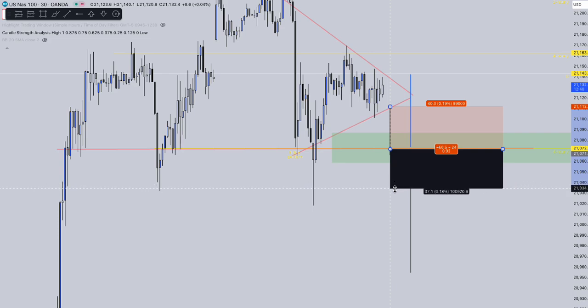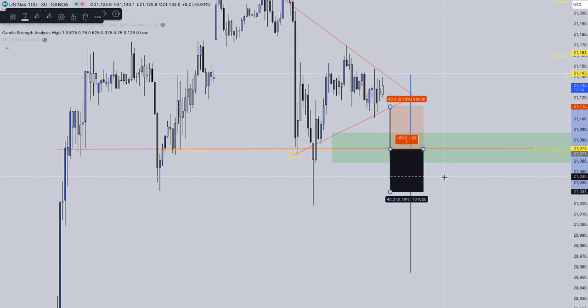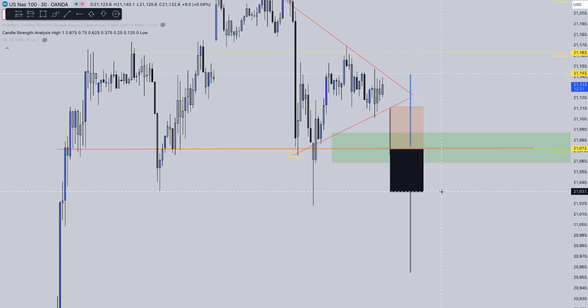So it's all a matter of managing risk reward basically. So 1 to 1 would be there. And if we actually got to that level and pushed straight through it, I'd move my stop loss by trailing it to that 1 to 1 target, so that 1 to 1 is basically locked in.